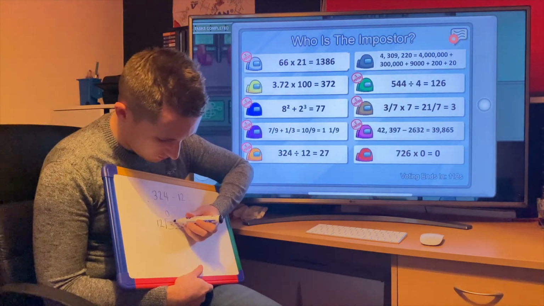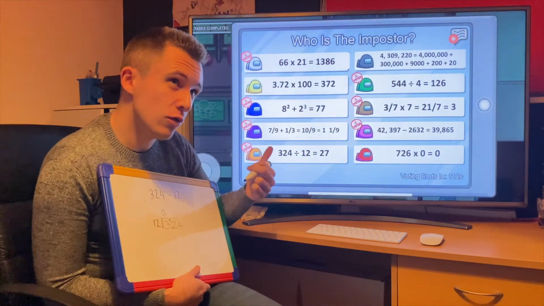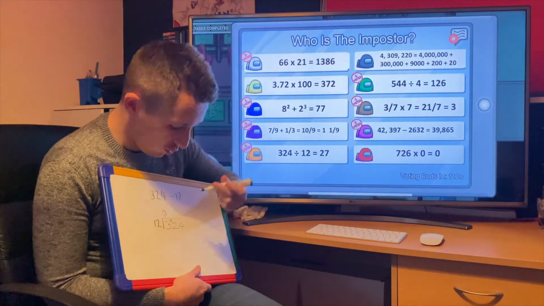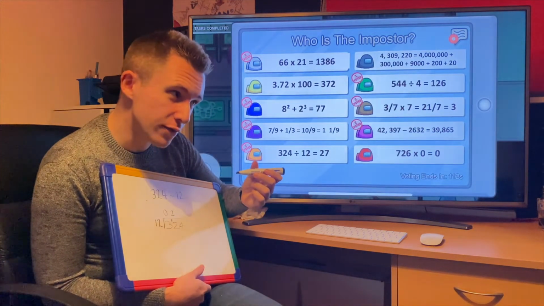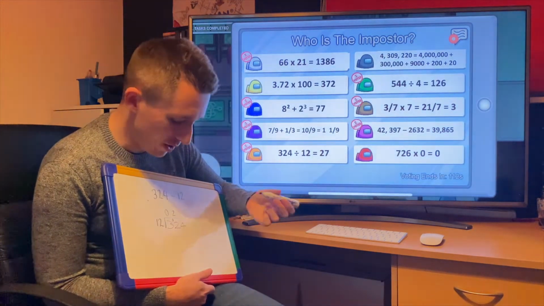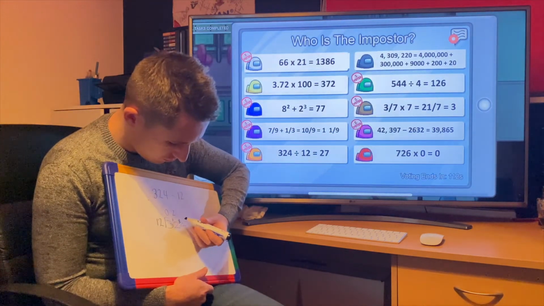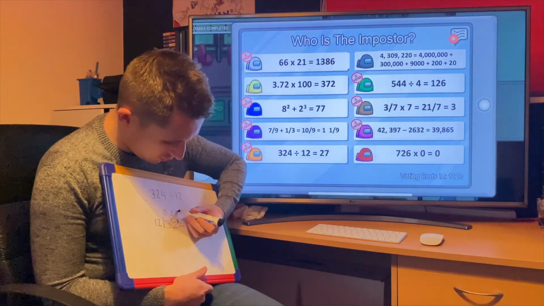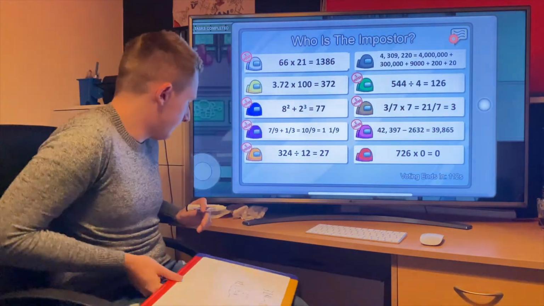We put 0 and carry it. 12 goes into 32. Well, 12, 24. So that's twice. With how many left over? Well, I got to 24, but I wanted 32, so it must be 8. And 12 into 84 goes 7 times. So 27. Yep, orange is correct.